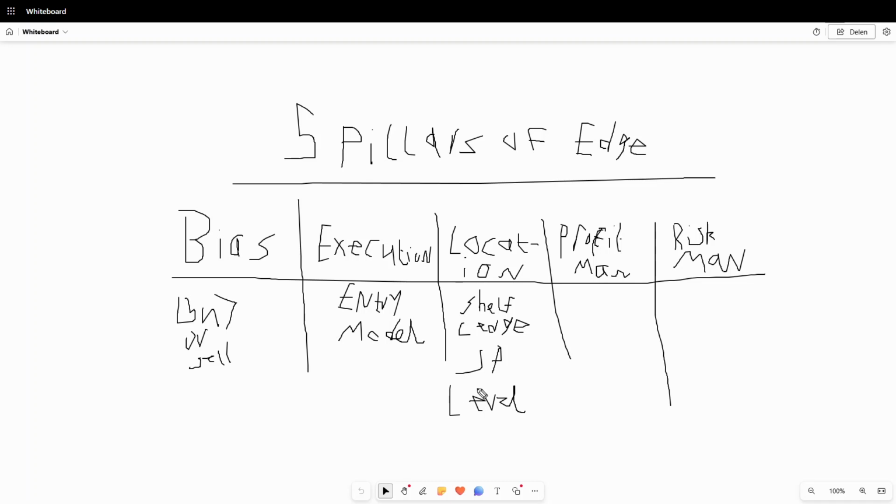My English isn't all the best. Compared with a ledge or shelf, and maybe even a VPOC or a naked POC close to it. Levels, like AMT, and with AMT I'm looking at shelves, ledges.